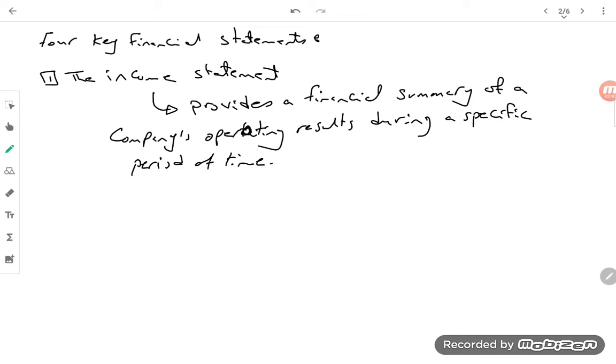They are prepared annually for reporting purposes, but also can be computed monthly by management or quarterly for tax purposes. So it can be reported monthly, quarterly, or annually based on the purpose of reporting.